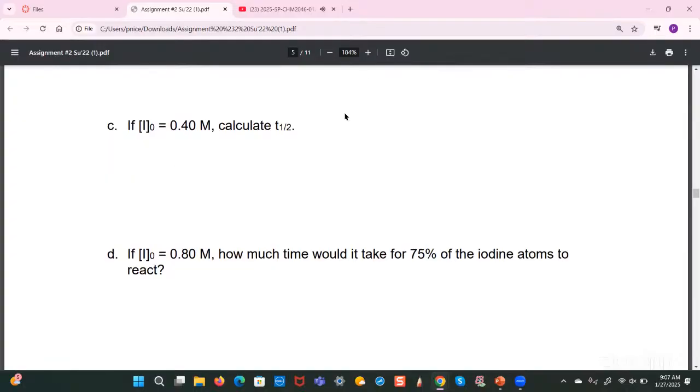Well, to remind you, the equation for the half-life for a second order reaction is half-life is equal to 1 over K times the initial concentration of A, right? So basically it's 1 over K. What's K again?